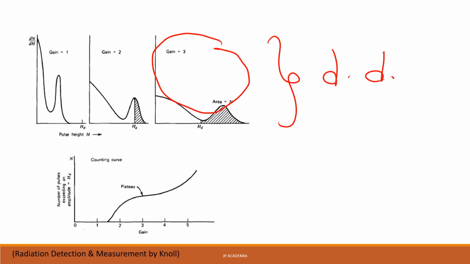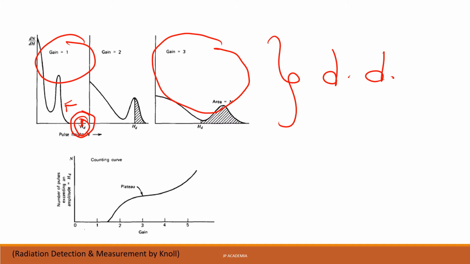For G1, let's say gain is equal to 1, no counts will be recorded because under your HD, your discrimination level, all your pulses are less than this value of your HD. Thus, we will not be able to count anything.